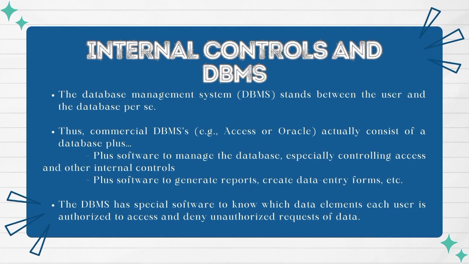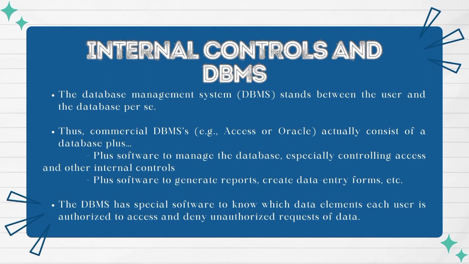Next is all about internal controls and the database management system. The database management system, or DBMS, stands between the user and the database per se. Thus, a commercial DBMS, such as Database Access or Oracle, actually consists of a database plus additional software to manage the database, especially controlling access and other internal controls, and also software that will generate reports and create data entry forms.